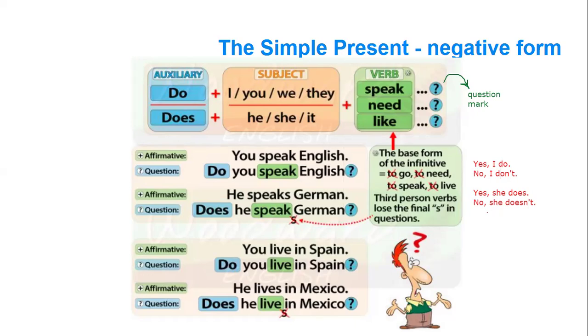All right. And yeah, this is basically, right, how we can create questions in English. In the simple present, of course, right? Is this clear? Yes, it's okay.